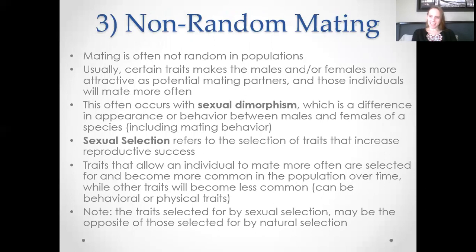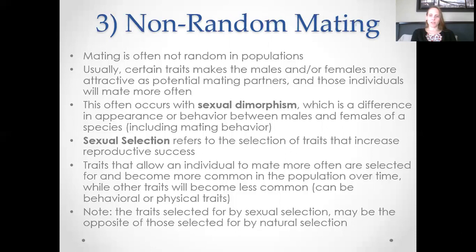Okay, the next thing that causes changes in gene pools is non-random mating, which is often the case in populations. Usually there are certain traits that will make either the males or the females more attractive to the opposite sex. And then those individuals will mate more and pass on their genes more.